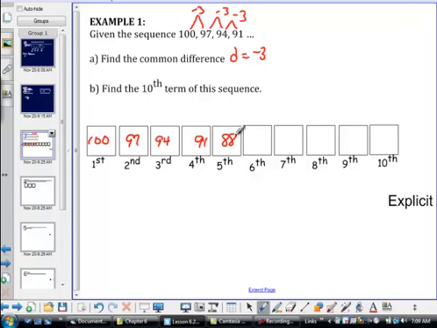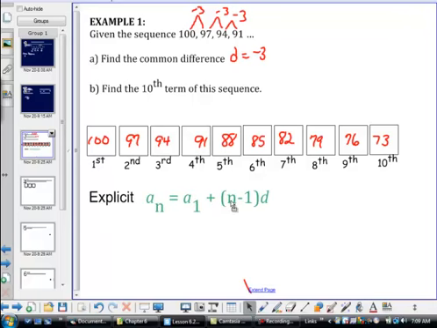Minus 3, minus 3, minus 3, minus 3, minus 3, minus 3. And that's okay because I only gave you 10 terms to work with, so not that hard. But if I asked you to find, say, the 1000th term of this sequence, that would take a little longer, and that's why we have the explicit formula.